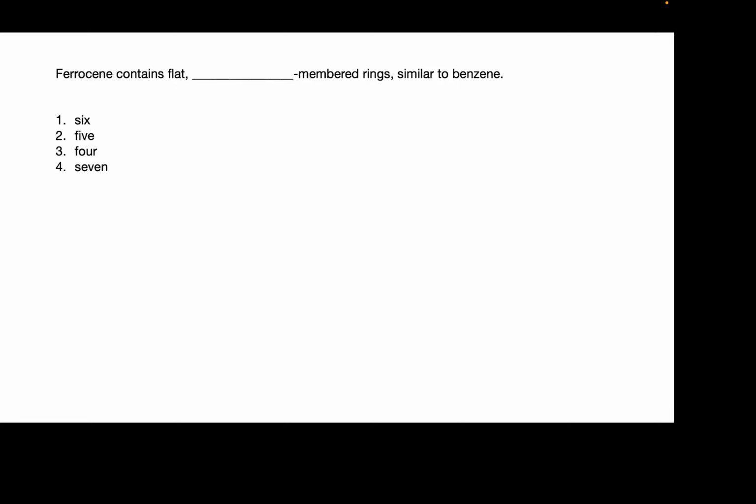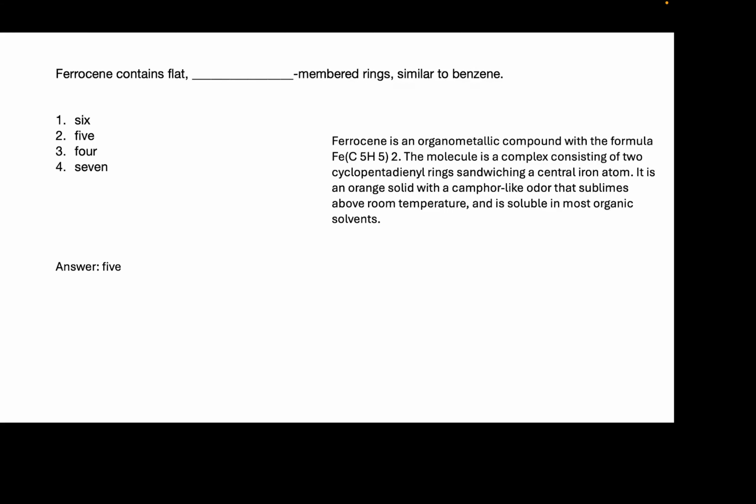So, ferrocene contains a flat five-membered ring similar to benzene. So it's just an information-based question. The answer is 5, and ferrocene is an organometallic compound with the formula Fe(C5H5)2.